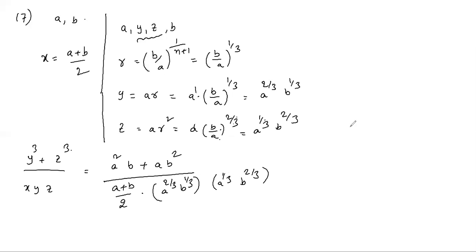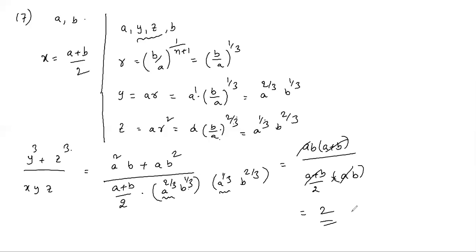Simplify it. From the numerator, you can take A B common, so the remaining is A plus B by 2. Here A power 2 by 3 times A power 1 by 3 is A, and B power 1 by 3 times B power 2 by 3 is B. What is the answer? Everything cancels, so 2 goes to the numerator. The answer is 2.